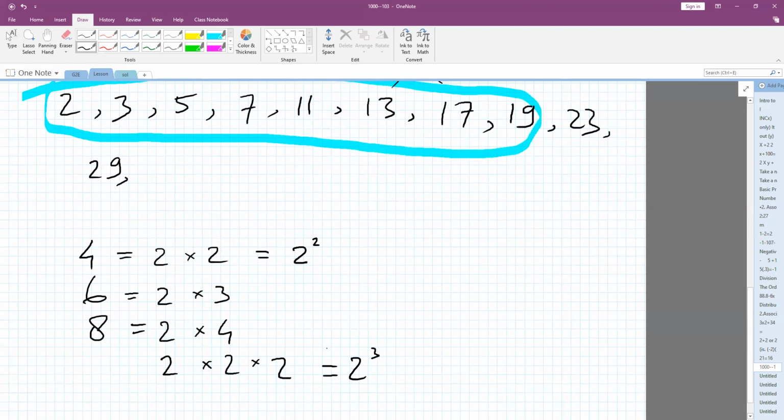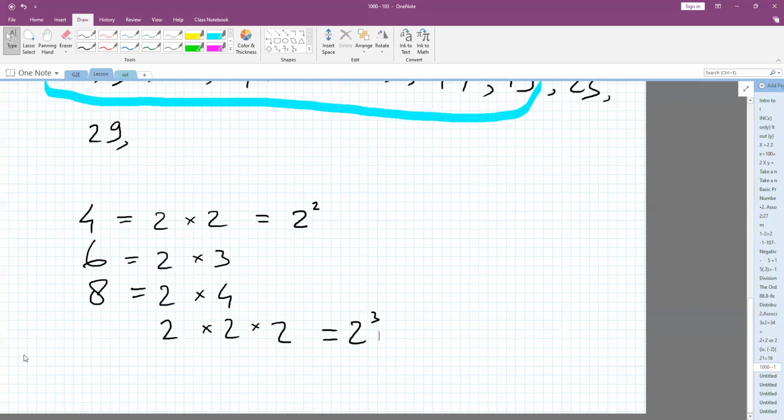So if you look at the other numbers other than prime numbers, we can write them as a prime number times other prime numbers, or even prime numbers to the power of something.